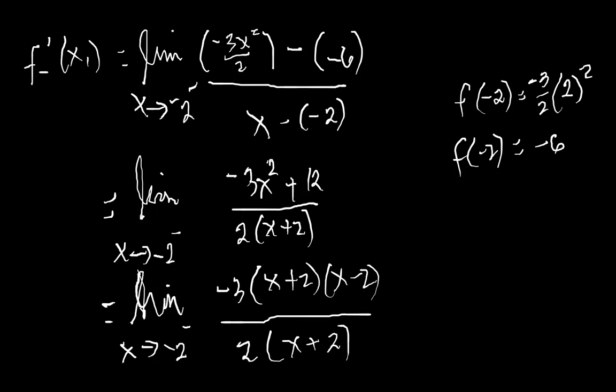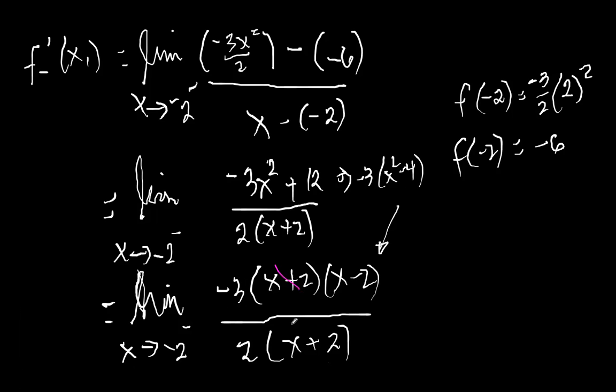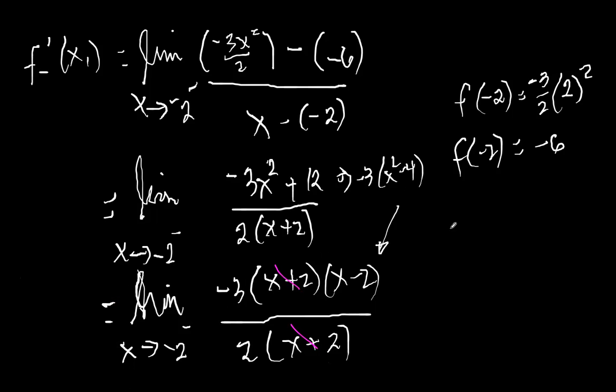Once I factored out this -3, this becomes x squared minus 4, and x squared minus 4 can be factored into this, right? So here, I can cancel out x plus 2, and what remains is this.